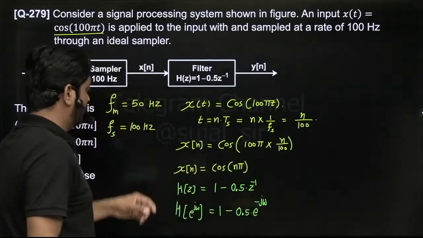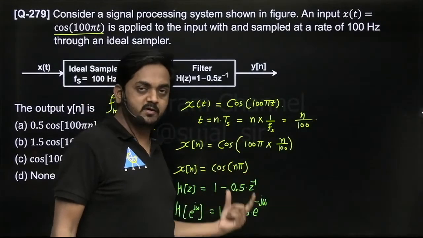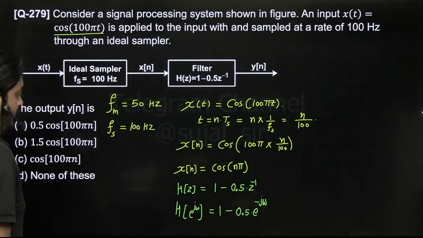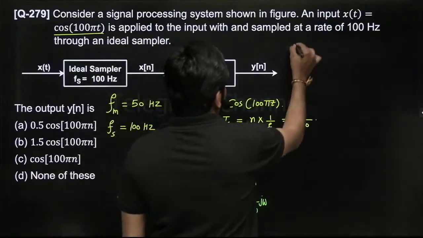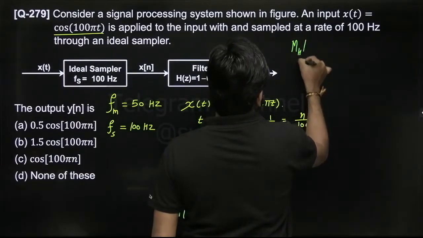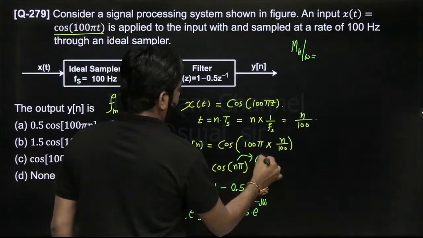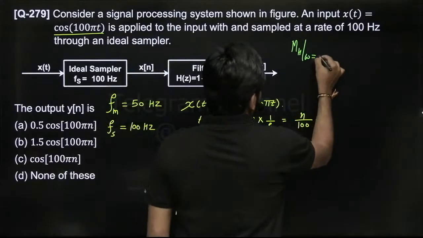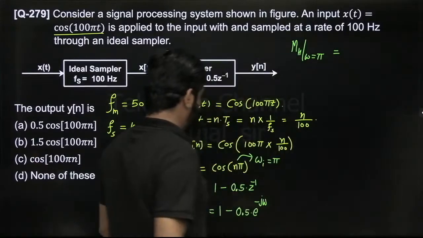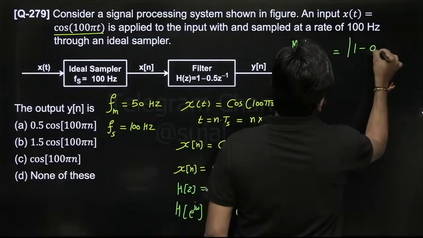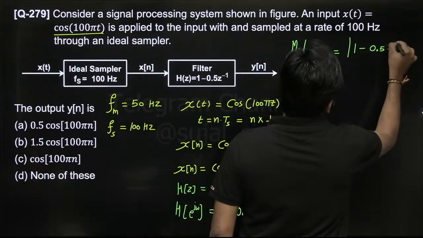The input is cos, so the output will be cos, with just a change in magnitude and phase angle. So you have to find the magnitude at the input frequency. Comparing with the standard format, the input frequency is pi, so you have to find the magnitude at pi. If you put omega equal to pi, it is 1 minus 0.5 into e to the power minus j pi.